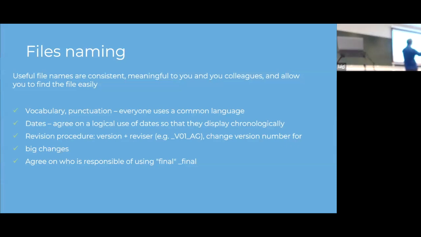You have to define the way you want to work, have a common language, and try to be very easy to understand. Put dates in your file names. Specify the revision procedure, which is the version, and maybe the names of the people who worked on the version.